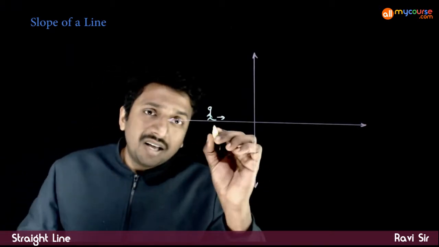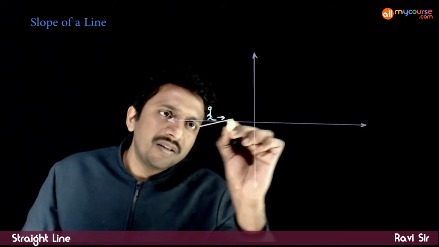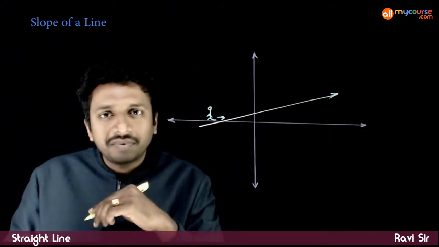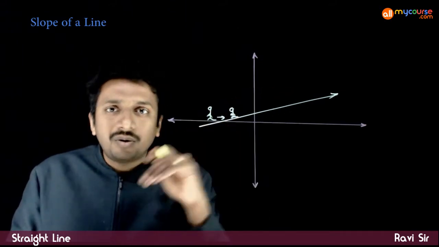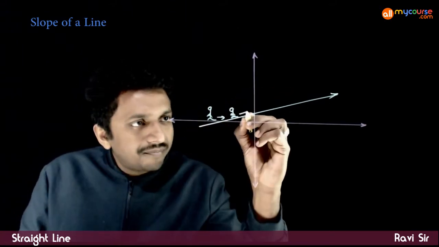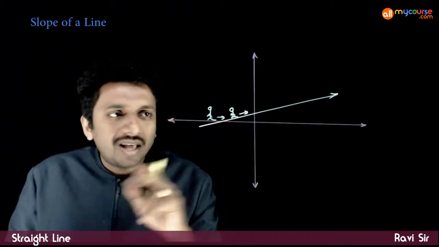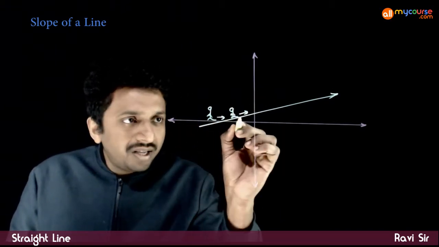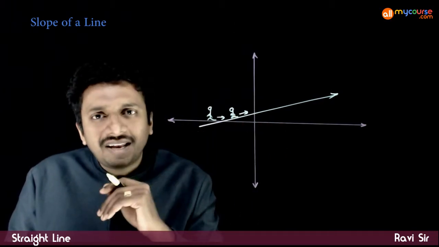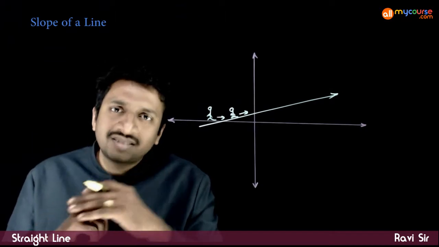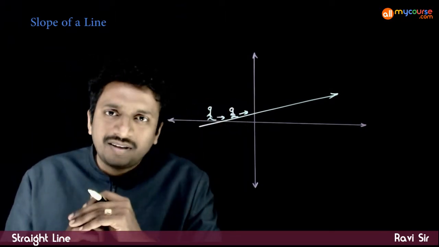Now if the road is somewhat like this, if you are walking on this road, obviously as you move on, you are going up. As you are moving forward, you are moving up. So you say that this road has some slope. You are moving against the slope, right?